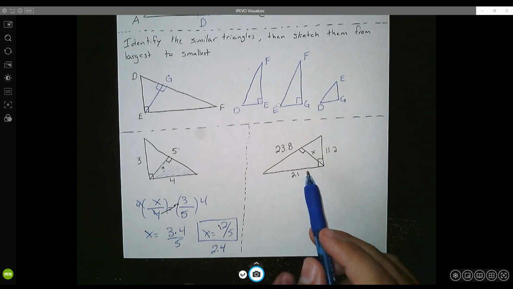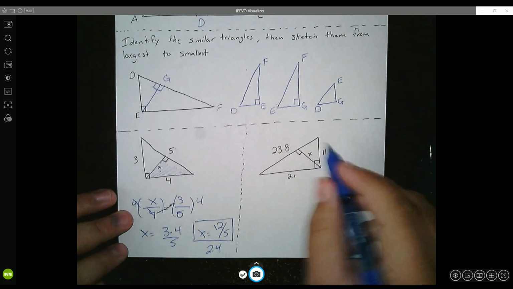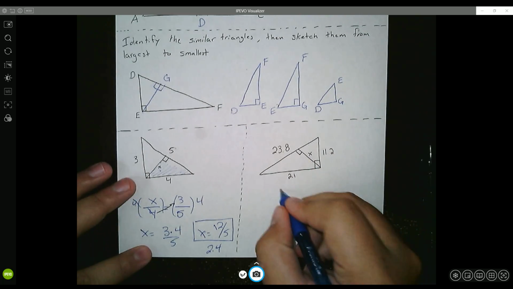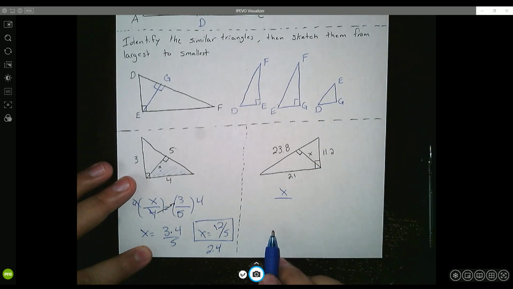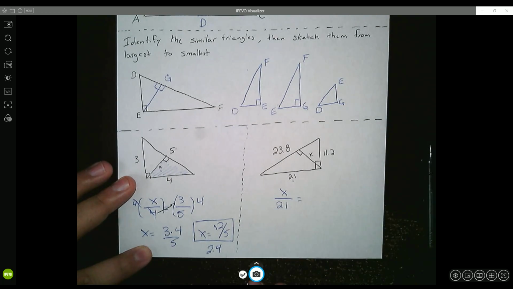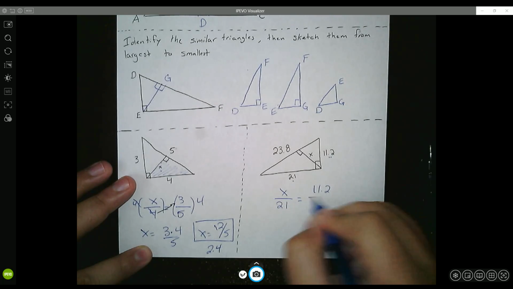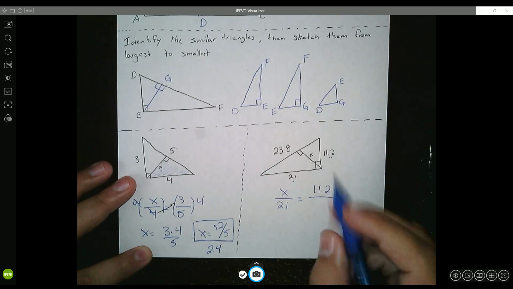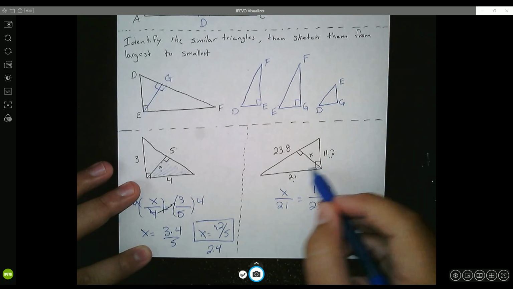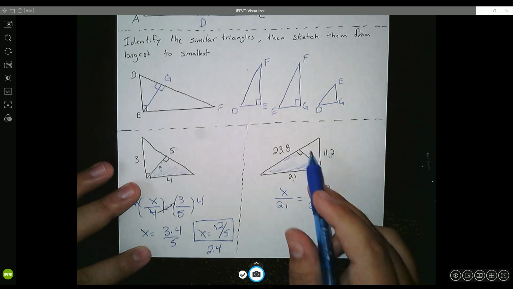Very similar. Now let's look at this one. A little more complex. We're using decimals in this one, but we're going to do the same exact process. I'm going to take my variable x and put it over the longest side, which happens to be 21, and set that equal to the shortest leg, 11.2, over the hypotenuse. Once again, this is setting this triangle right here equal to the bigger triangle because they have to be similar.